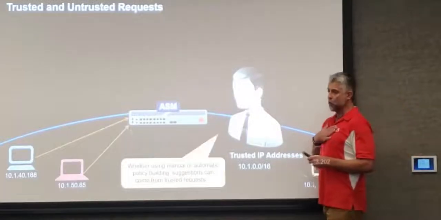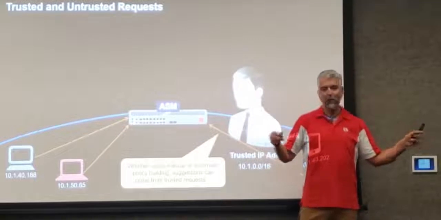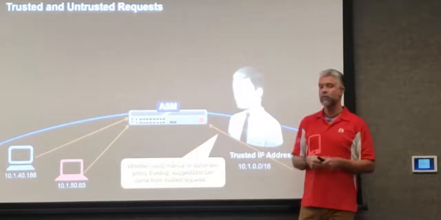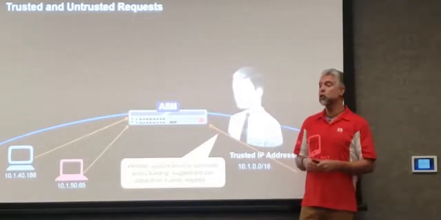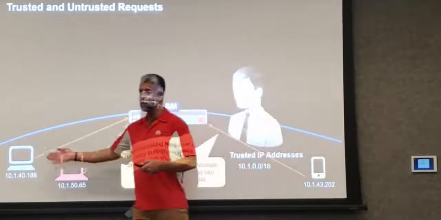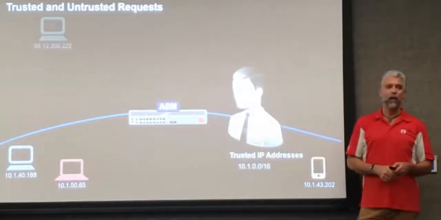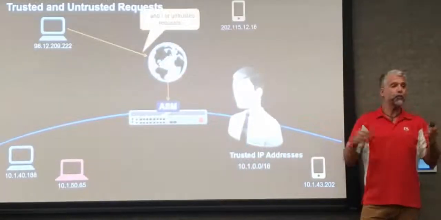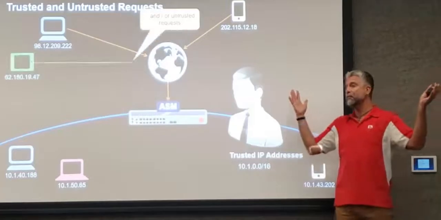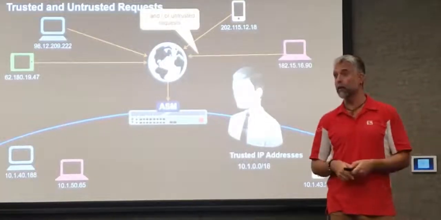So whether I am using automatic or manual mode, that is irrelevant. Whether I'm using automatic or manual mode, I can build my security policy from these trusted users, because those are using IP addresses in that range, or from untrusted users, anybody else. They all can be used for building the security policy.